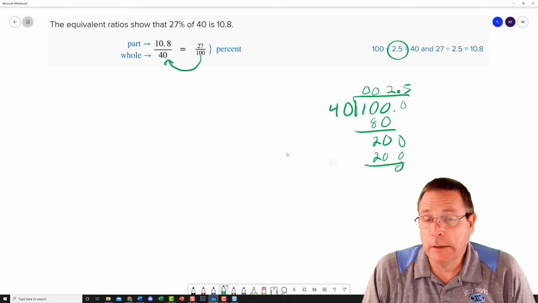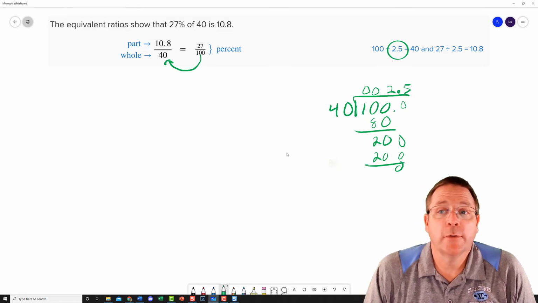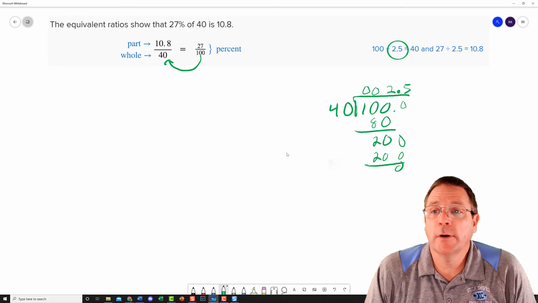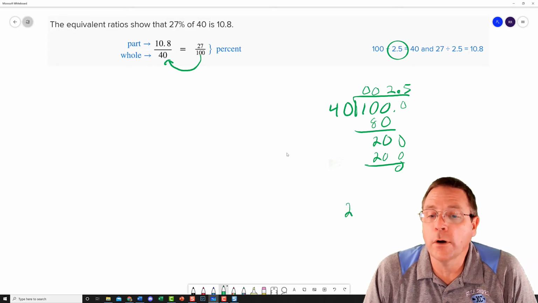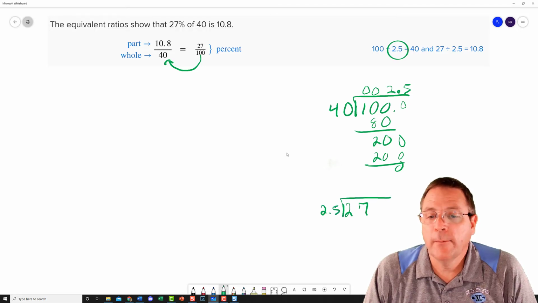They just did some kind of voodoo math in their head and all of a sudden, yeah, 100 divided by 2.5 is 40. Therefore, now you take the 27 and you divide that by the same 2.5, and you would say, well, bounce a decimal, annex in zeros as needed, and your decimal goes up. 25 goes into 27 one time. That's going to be 25 with 2 left over.